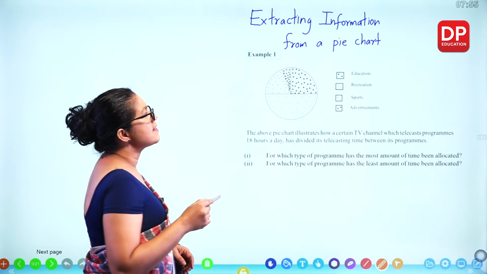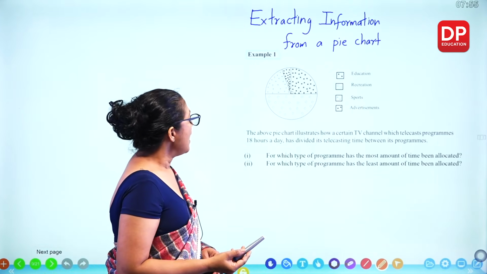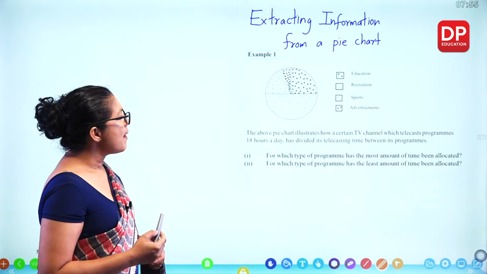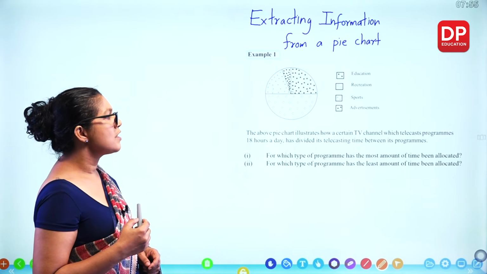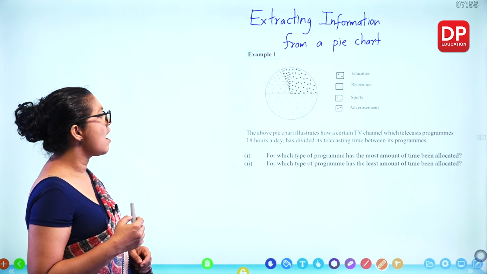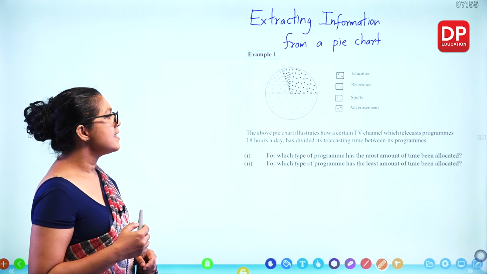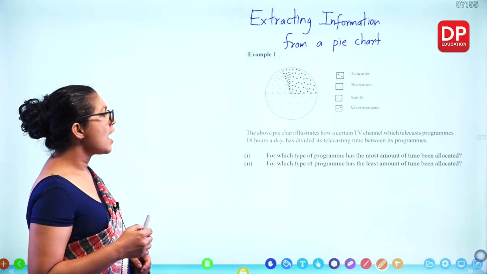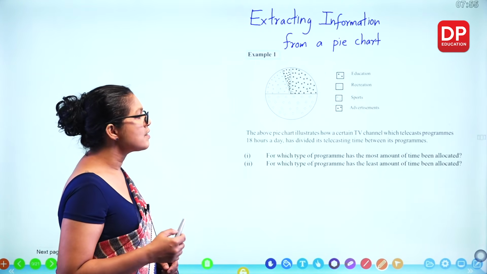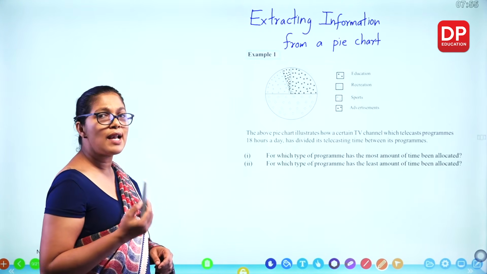So 4 categories are there. And the question asks, the above pie chart illustrates how a certain TV channel which telecasts programs 18 hours a day has divided its telecasting time between its programs. For which type of program has the most amount of time been allocated?